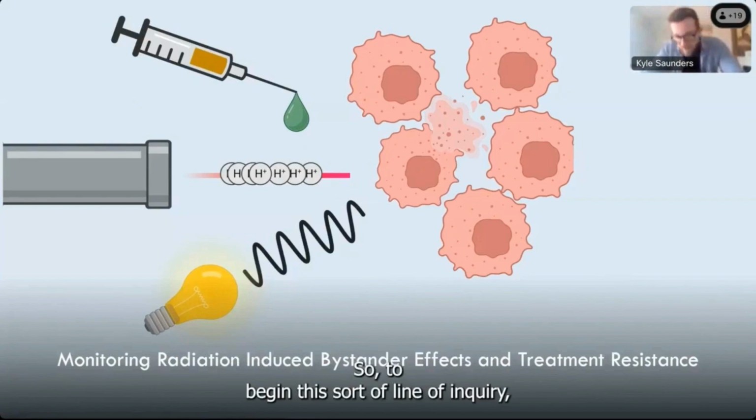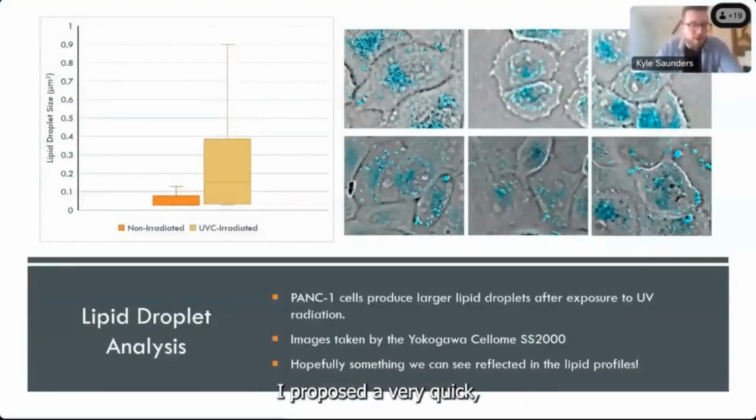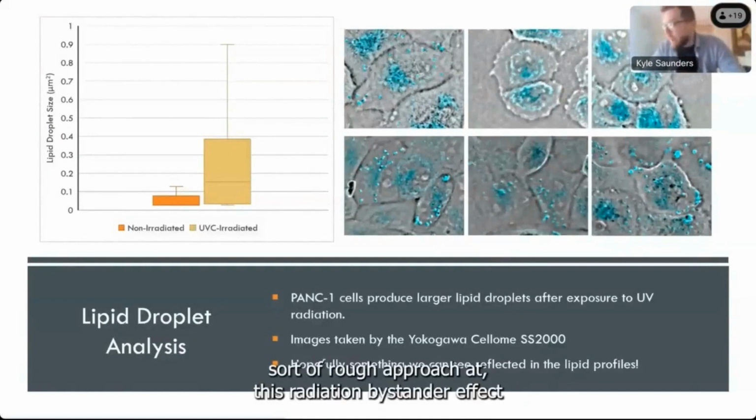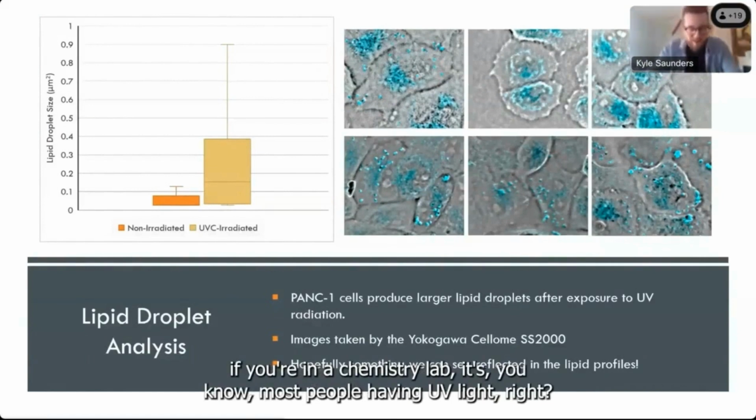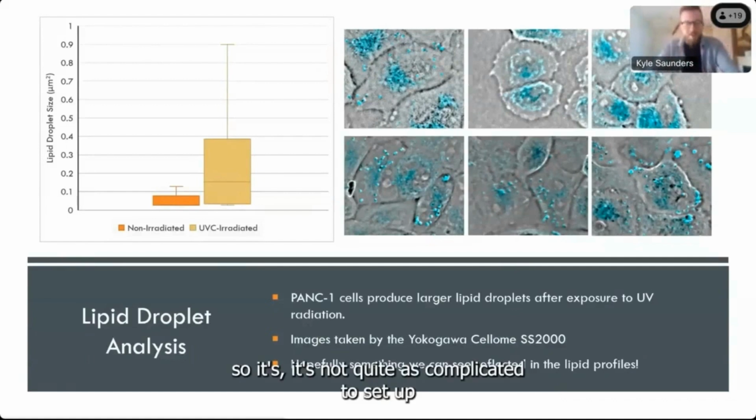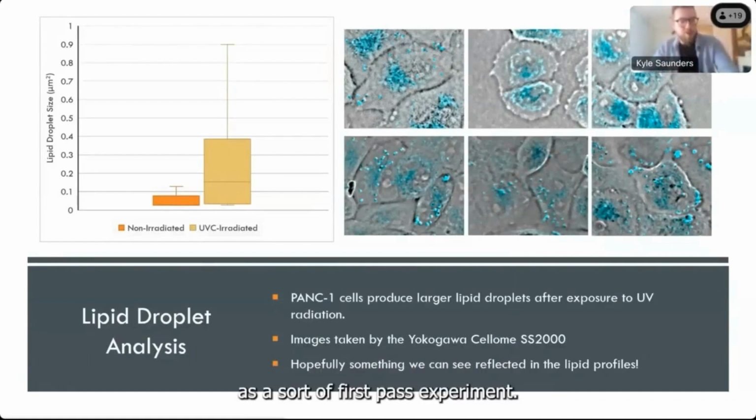So to begin this line of inquiry, I posed a very quick, rough approach to this radiation bystander effect by looking at UV radiation first of all. Just because UV radiation, if you're in a chemistry lab, most people have a UV, right? So it's not quite as complicated to set up a first-pass experiment.